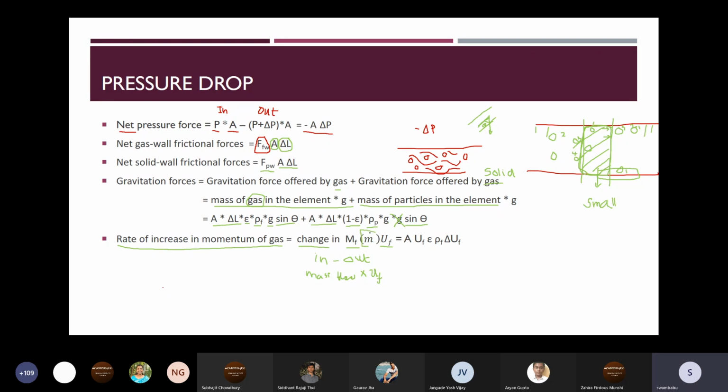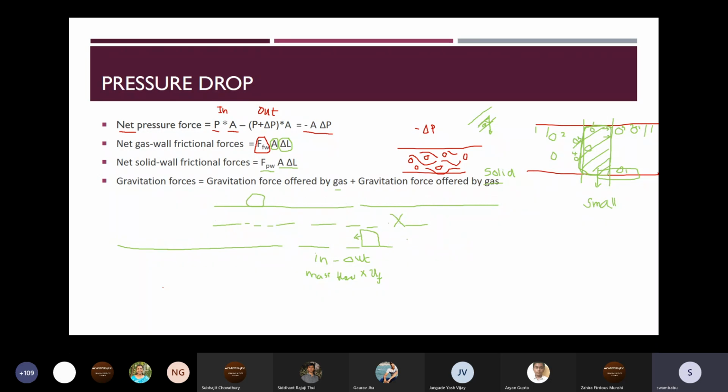M dot is usually mass flow rate. The m dot we are writing as mf, that's why I have written it, okay. So please try to understand, mf is nothing but the mass flow rate. Just to represent that, I have kept m dot in the brackets.